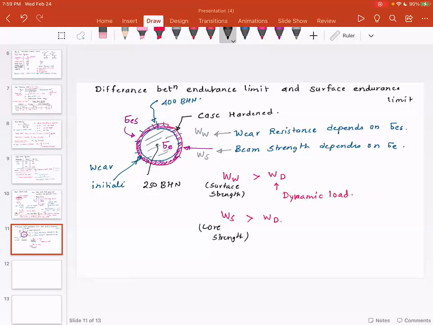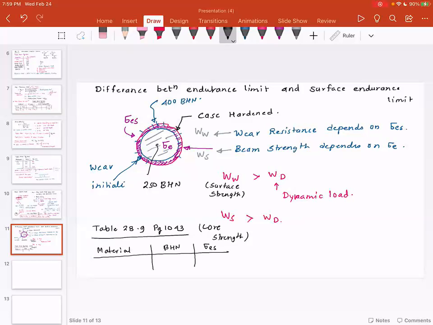Now, how do we find out the value of sigma ES? And again, for sigma ES, you have another table. So if you look at table 28.9 on page 1040, you have the material, then you have BHN, and you have the surface endurance strength.